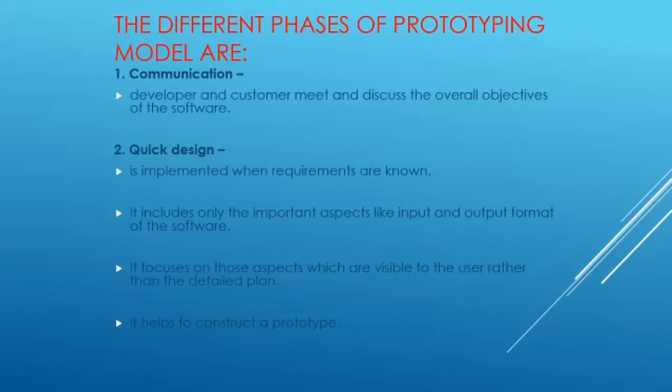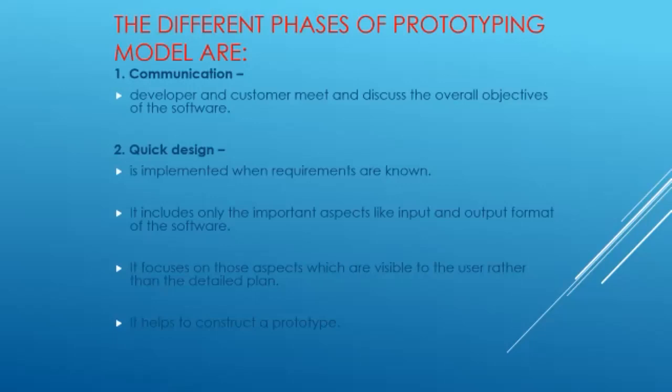In the second phase, that is quick design, it is implemented when requirements are known. Here we know all the requirements. It includes only the important aspects like input and output format of the software. It focuses on those aspects which are visible to the user rather than the detailed plan.